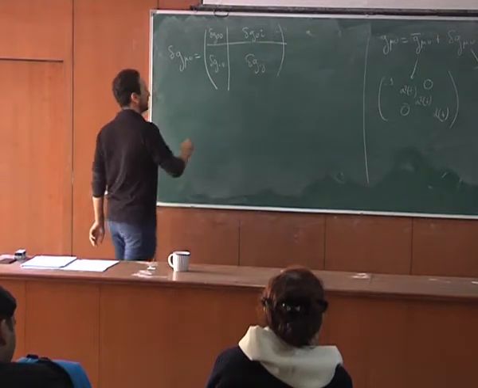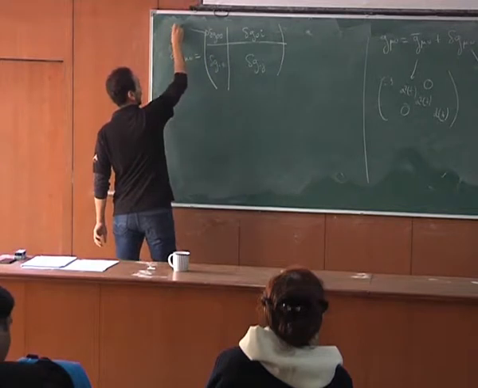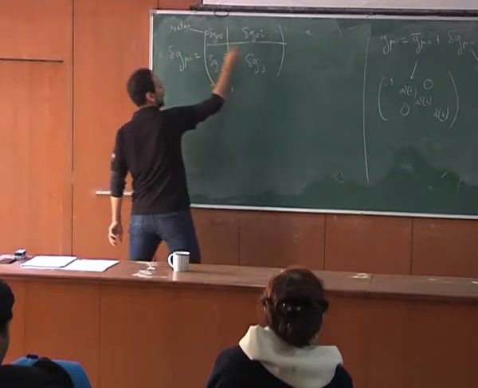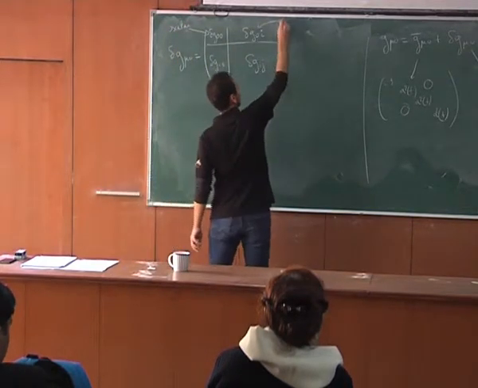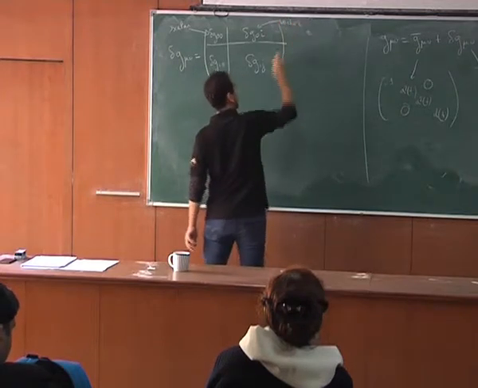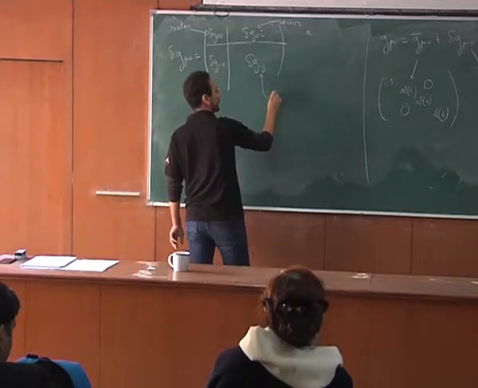What's happening is that this is like a scalar, this is like a vector, and this is like a 3 tensor.